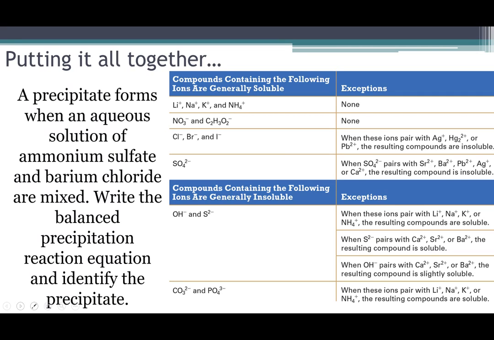A precipitate forms when aqueous solutions of ammonium sulfate and barium chloride are mixed. Write a balanced precipitation reaction equation and identify what the precipitate or what the solid is. Go. Pause the video. Go.